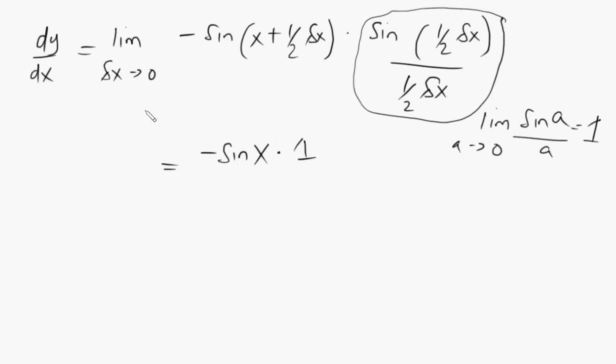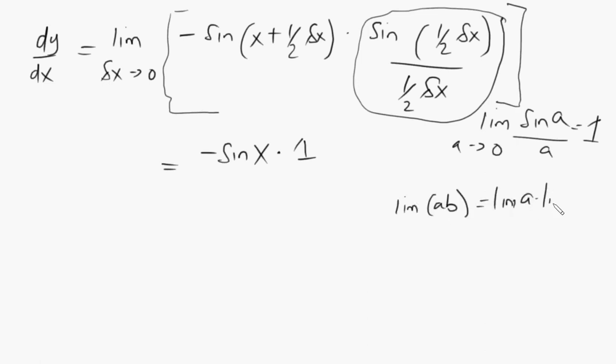Sasa okay, usishangae mimi nilikuwa natafuta limit ya hii ngoma nzima hii, lakini nafahamu kwamba limit of AB ni sawa tu na limit ya A times limit ya B. Ndicho pia nilichofanya. Kwa hiyo ndio maana nimetafuta limit ya upande wa huku nikapata hii, afu limit ya upande wa huku nikapata hiyo hapo. Sasa hiyo ni sawa na dy/dx.